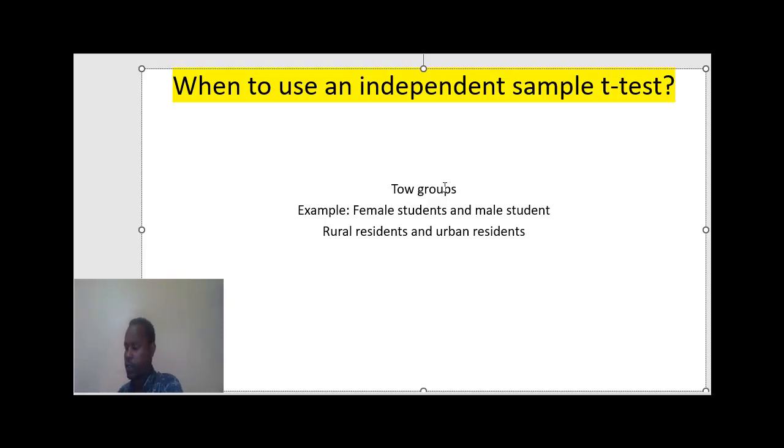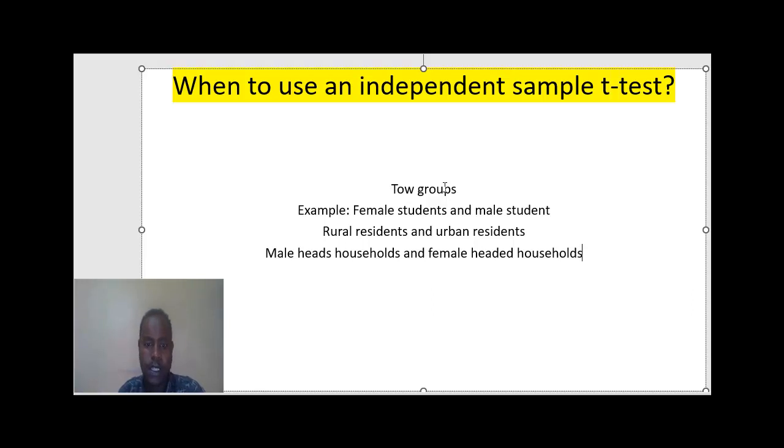Another group is male-headed households and female-headed households. Okay, example of two groups.